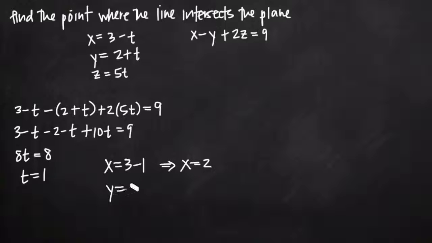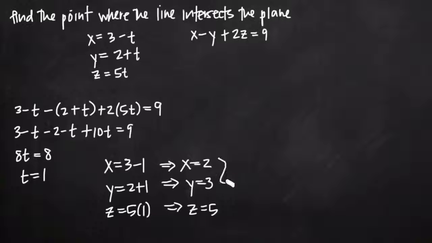We'll get y is equal to 2 plus 1, or y is equal to 3, and we'll get z is equal to 5 times 1, or z is equal to 5. So this now becomes our coordinate point 2, 3, 5, where the intersection occurs.